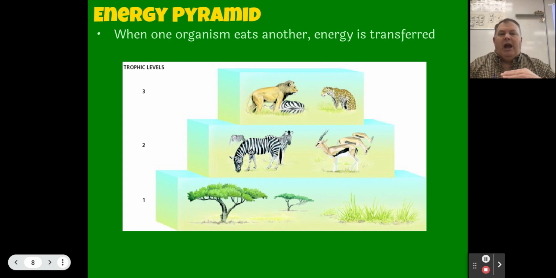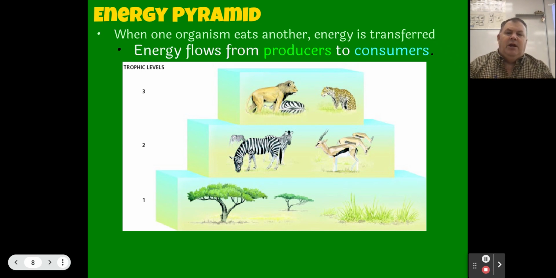This is what we're looking at, how energy is transferred from the bottom up. What you'll notice here is probably an energy level of looking at producers to consumers, and just the types of organisms. If we look at just the sheer numbers, we can call that a numbers pyramid.